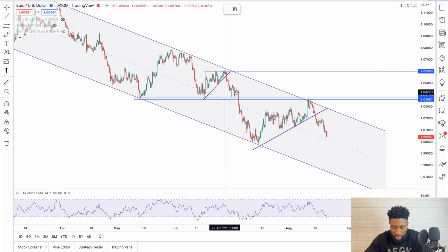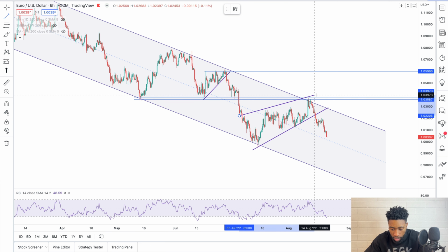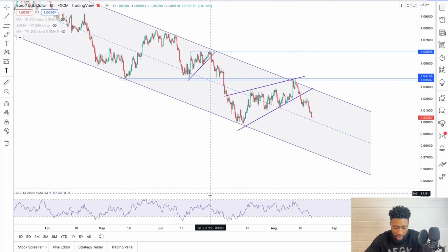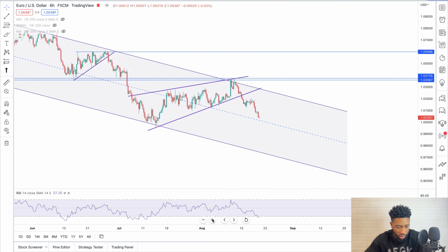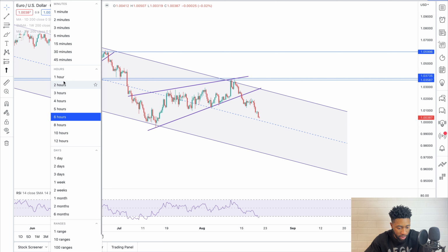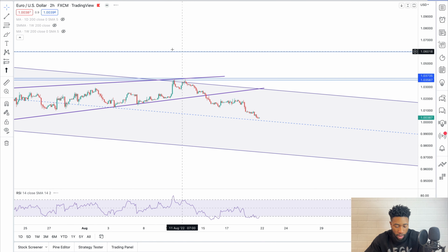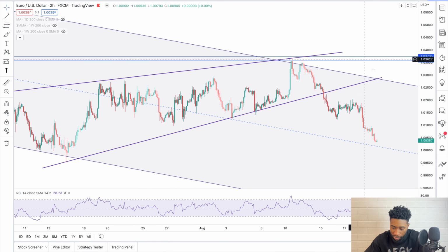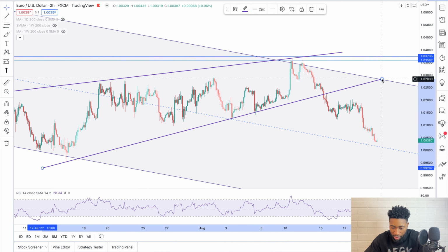Last week we talked about this rising wedge and this retest, and we talked about going short after a breakout and a consolidation, and we did exactly that. We got exactly what we expected. There were 2 ways to take advantage of this trade. If you were an aggressive trader, you would have probably entered at the break of this trend line, the break of the support level of the ascending wedge or rising wedge.